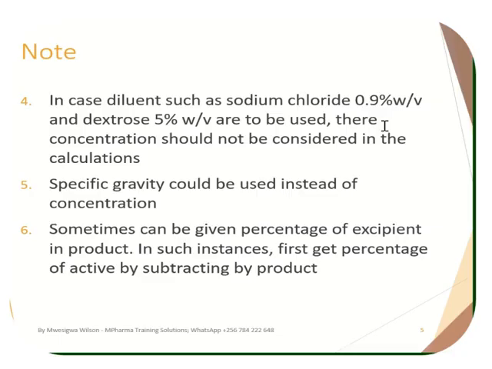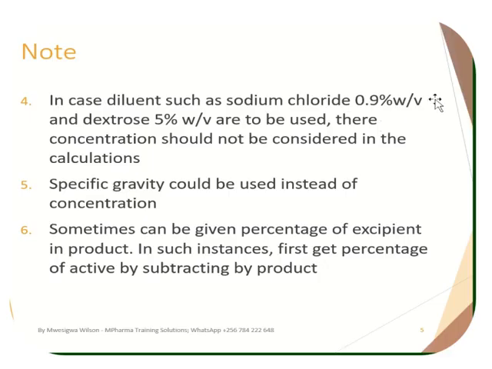This is always confusing students and other health workers, because we are seeing very many concentrations in the question, so you get confused. But just know that in case you are giving sodium chloride 0.9% to be used as a diluent, its concentration is 0.